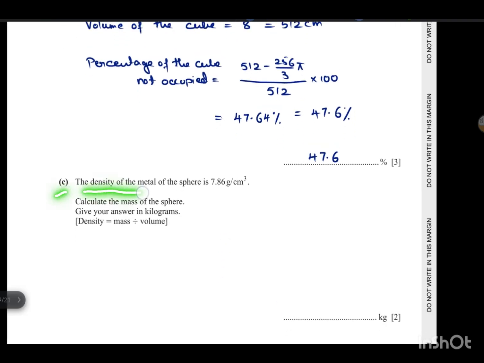The density of the metal of the sphere is 7.86 grams per centimeter cube. Calculate the mass of the sphere. Give your answer in kilograms. Now, the density formula is given. Using this formula, mass will be equal to density multiplied by volume.